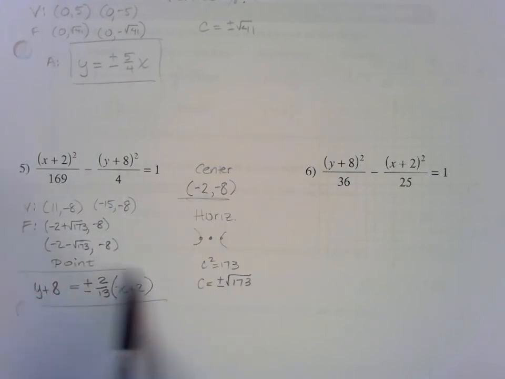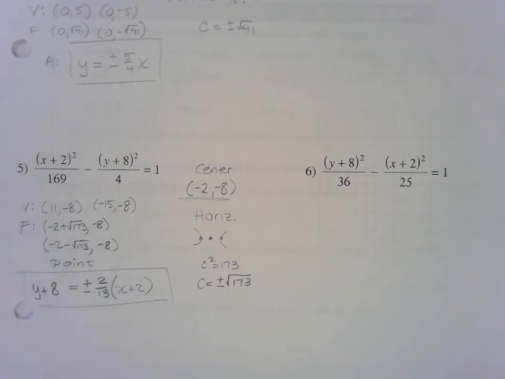These are the two equations for our asymptotes. They are totally acceptable. If you wanted to rewrite both of them and solve them for y in slope-intercept form, that's totally up to you and is optional. I would accept these as the equations for our asymptotes. Let's move on to our last video, which is how we are going to graph it if it looks like this with the center not at 0, 0.